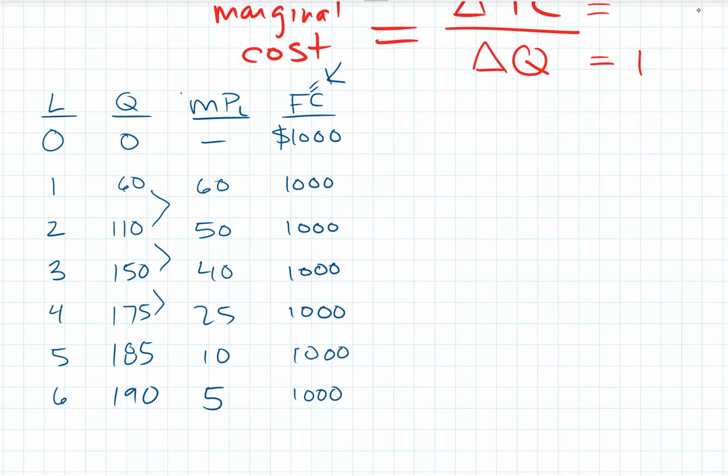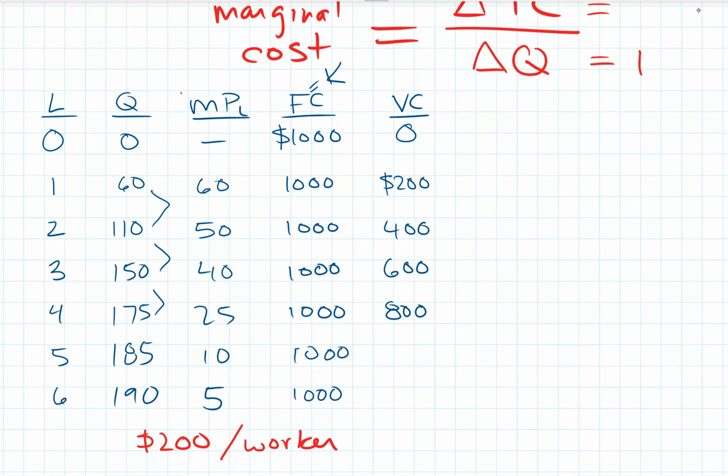And then we have our variable cost. We're going to assume, I'll write down at the bottom, that it's $200 per worker, the wage that they earn. So our variable cost is going to be 0 if we have no workers, there's no cost, and then it's going to go up: 200, 400, 600, 800, and so on.